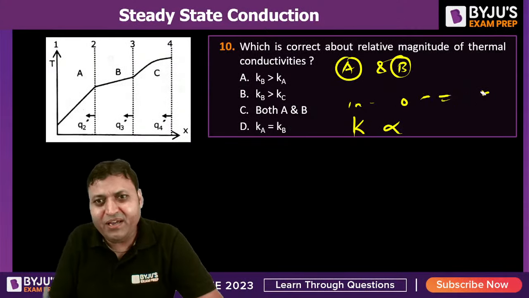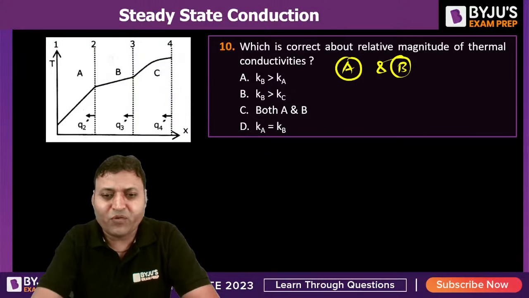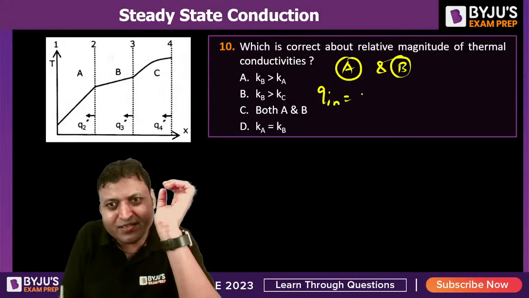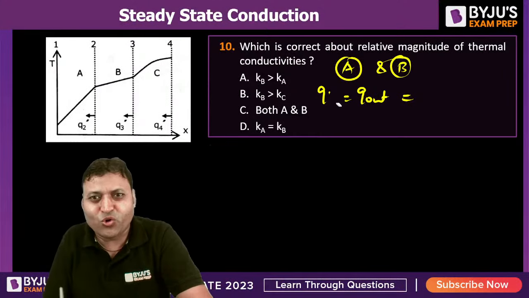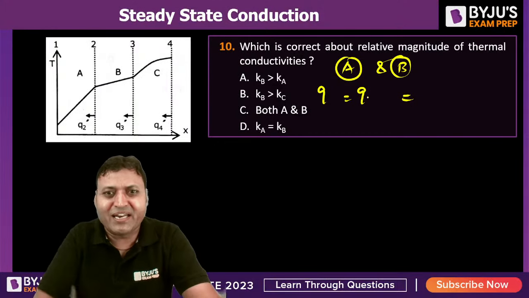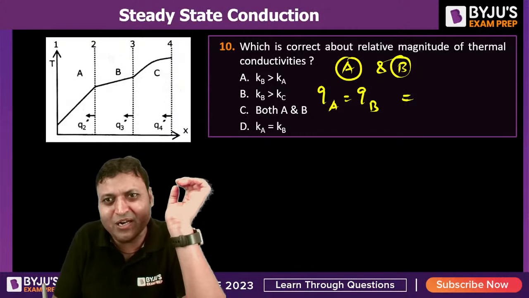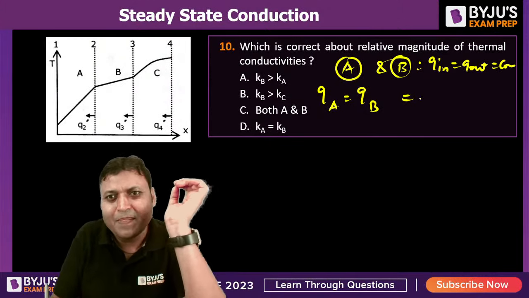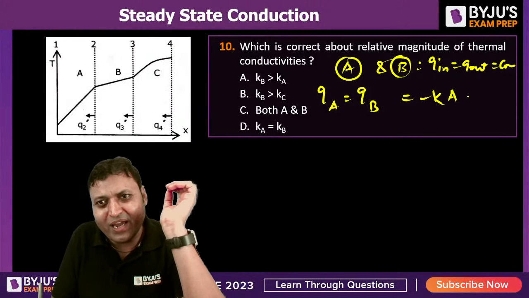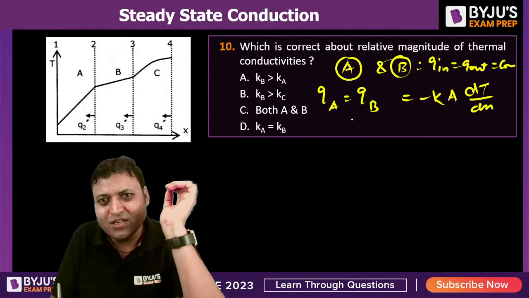For material A and B, we can say Q in is equal to Q out, or we can write QA is equal to QB. Whatever the heat traveling in material A is equal to heat traveling in material B. Q in is equal to Q out, that is constant, that is equal to minus K into A into dt by dx.